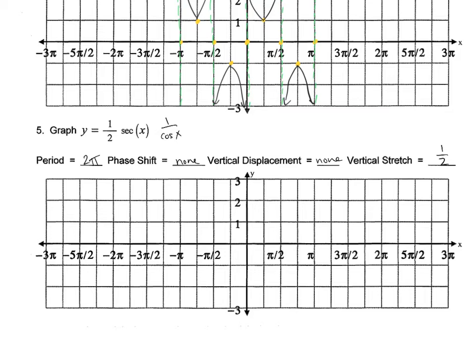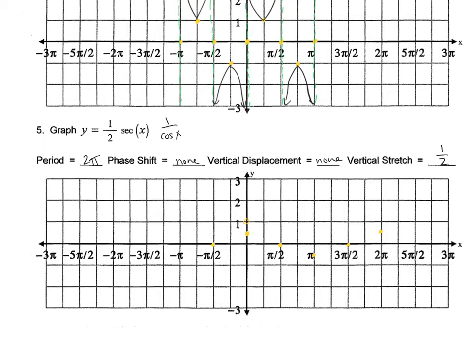All right, so cosine usually would start at 1, but because my amplitude is 1/2, it actually starts at 1/2 on the y-axis. Okay, my period is still 2 pi, so at 2 pi I'm back out here. Halfway in between there I have a minimum at negative 1/2, and then my zeros happen halfway in between my maximums and minimums.